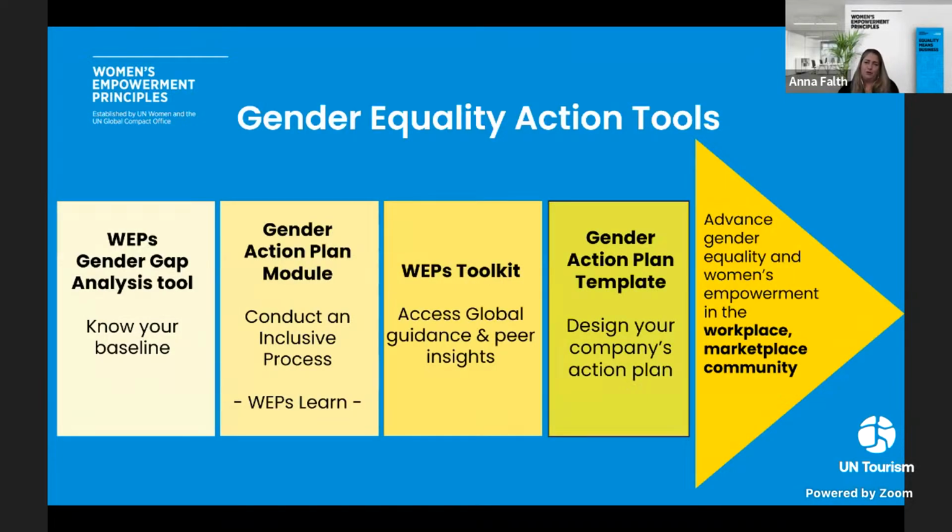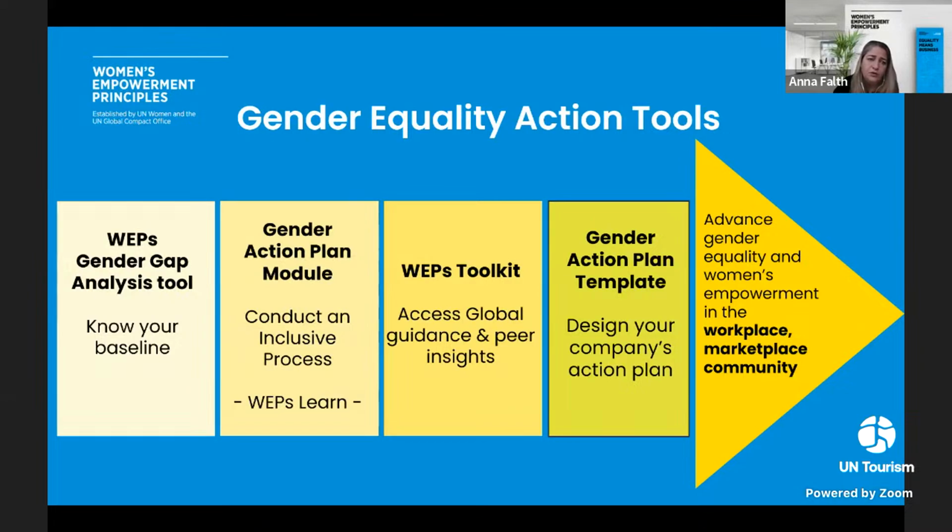And we have a lot of tools. Before we invite the others to give some further examples, I wanted to highlight how you can, with our tools, create your own strategy. First, we have a gender gap analysis tool, which is a questionnaire.